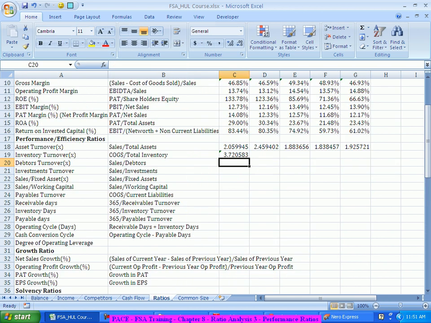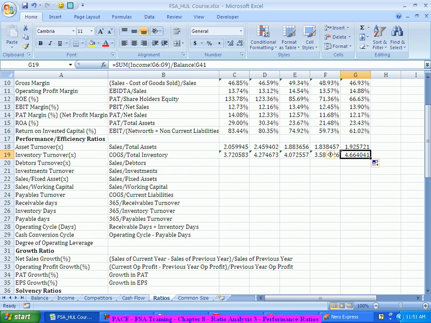What are we interpreting from this? For every 4.66, see, it is nothing but COGS by total inventory, right? So COGS by total inventory is 4.66.